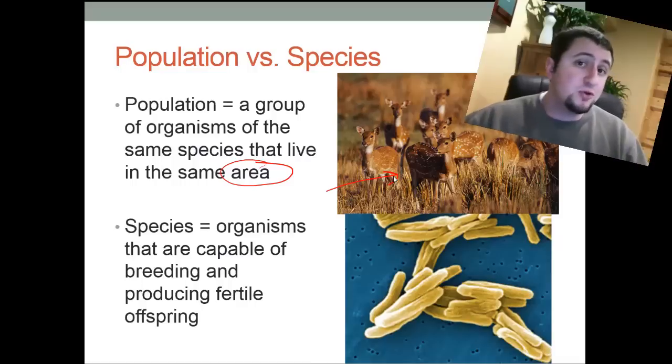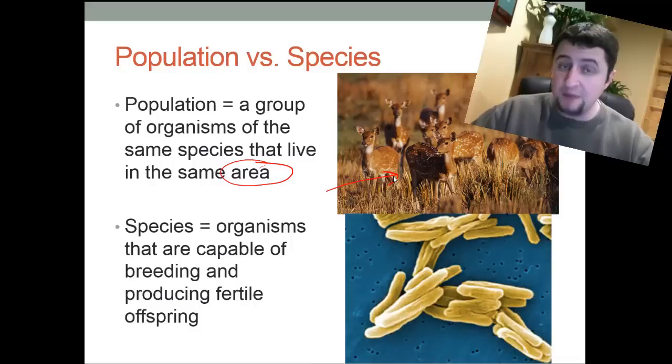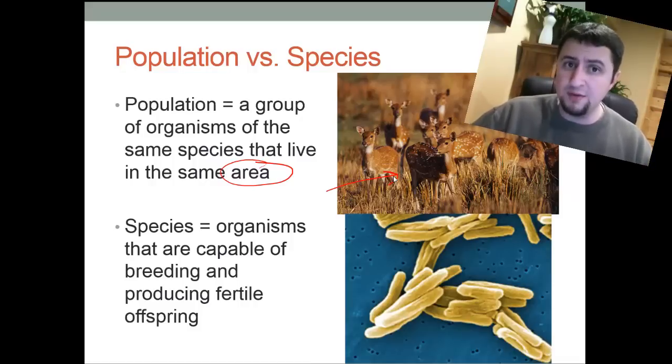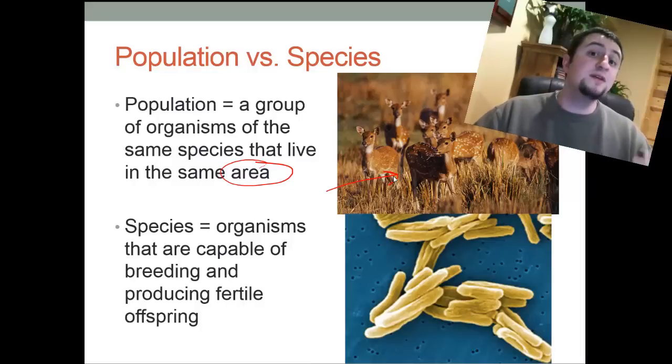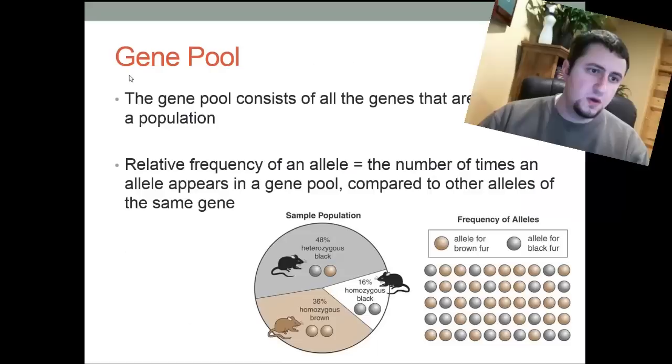For example, you may know that lions and tigers can mate together and produce something called a liger, but that liger can no longer produce any more of its own babies. So that's why we consider a lion and a tiger to be of 2 separate species.